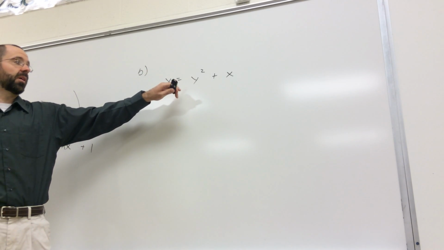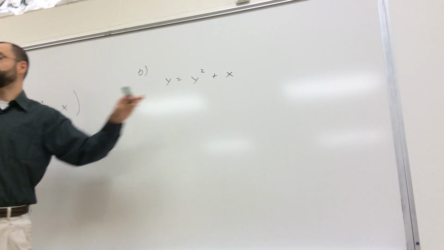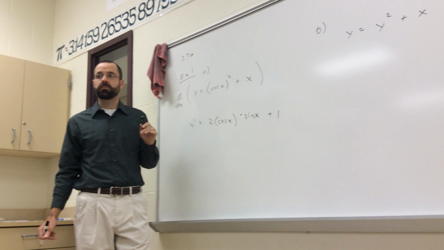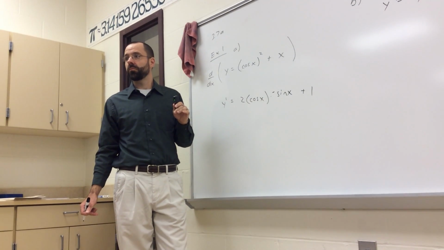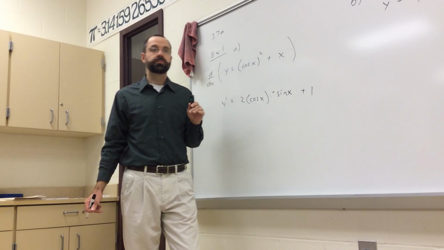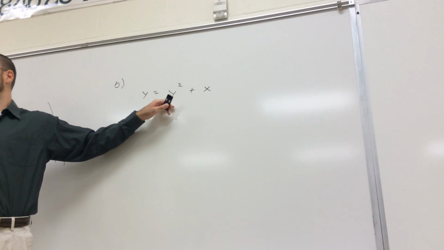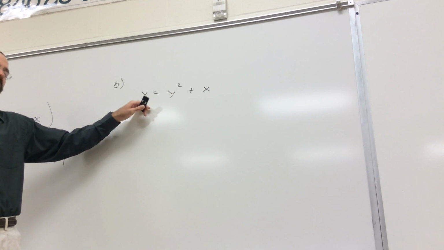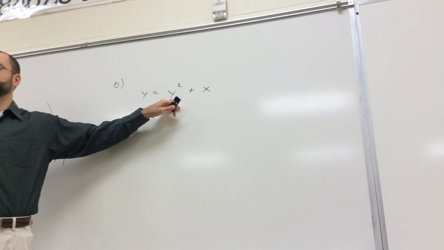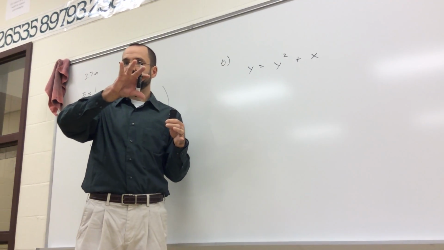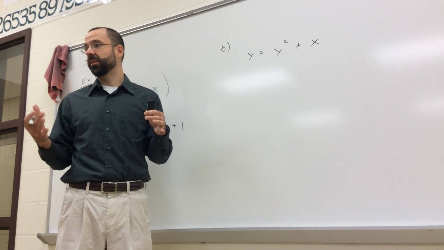So what's different about this equation as opposed to this equation? The difference is this one's not solved for y. So it doesn't have y by itself. Well, it does have y by itself, but the problem is y squared is over here. So it's not just y with a formula that has x in it. So it's not solved for y.